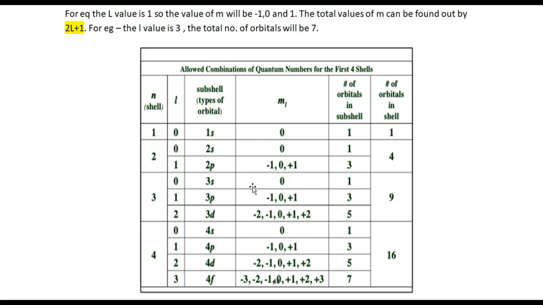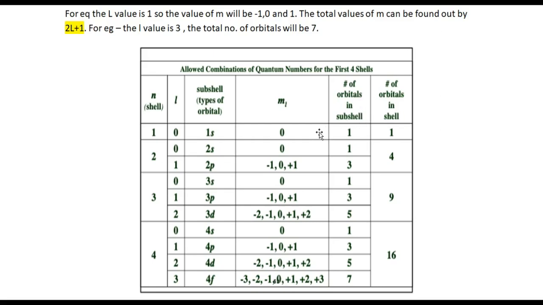For L equal to 2, it's minus 2, minus 1, 0, plus 1, plus 2, and so on. We can get this by the formula 2L plus 1, that is how many magnetic quantum numbers there are. The next column tells us about the number of orbitals in the subshell.